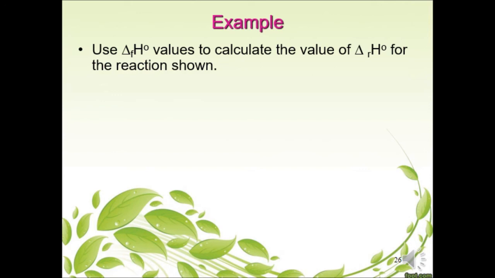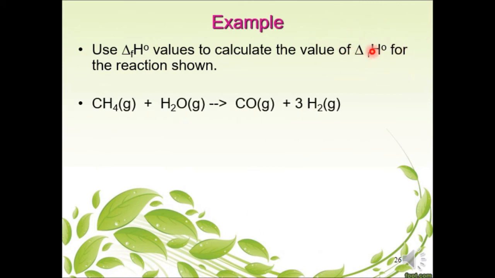Next is using standard enthalpy of formation to calculate the enthalpy change for a reaction. Given to you is this reaction: methane plus water vapor gives carbon monoxide and hydrogen gas.